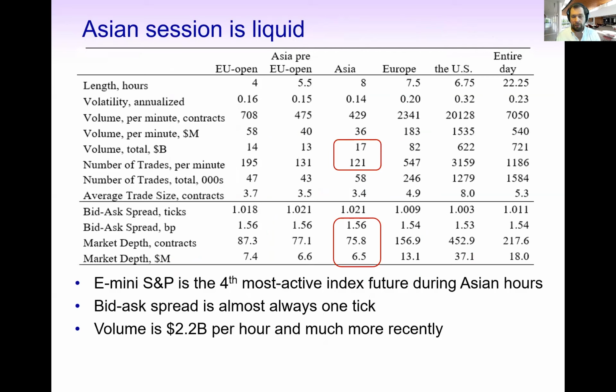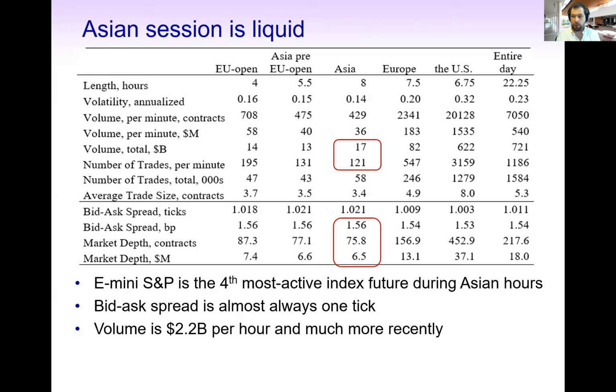We then carefully study trading volume, liquidity, and volatility during different times of the day. And even during the Asian session, which is the least active, S&P E-mini is the 4th most actively traded index futures during Asian hours. To give you some flavor, during those 8 hours, $17 billion of exposure is traded with about 120 trades per minute.